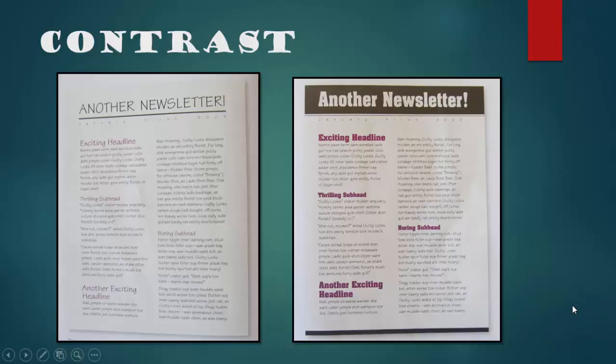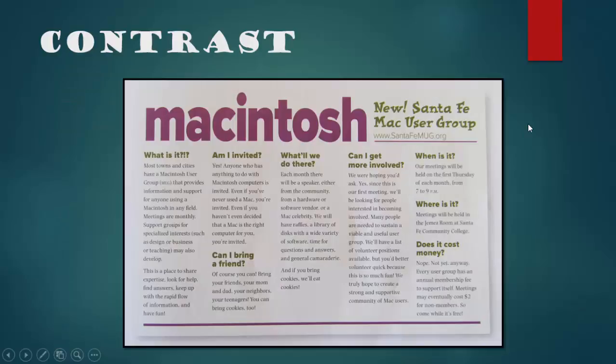All right, let's look at a really good use of color to contrast text on a page. If you're looking in your book, flip back to page 71. It's a postcard that you might get if you're part of an Apple Macintosh user group.